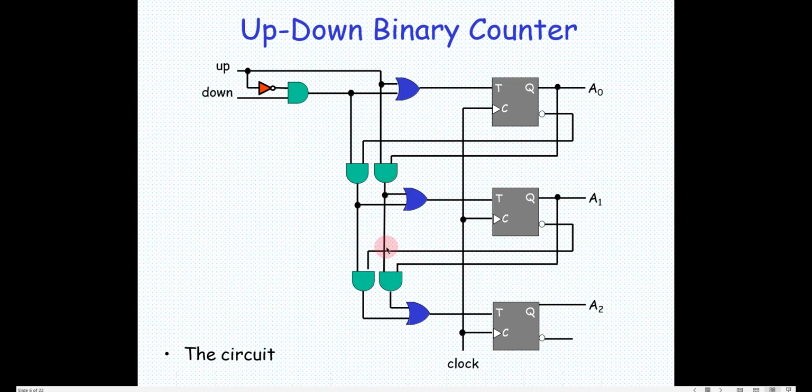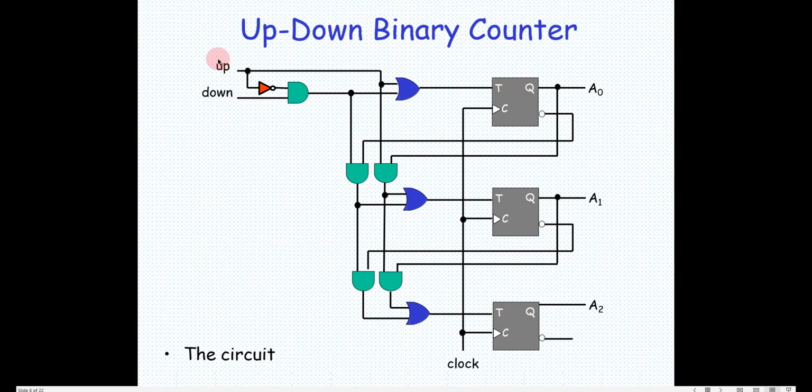On the right hand side these AND gates will be enabled. So up signal is coming here, so I am giving it as a T. Now this Q is enabled, so this Q is given here. Again this Q, and you have an AND from the previous stage, and you are giving it as a toggle. So it will count up now in this particular configuration. So this circuit will count up.